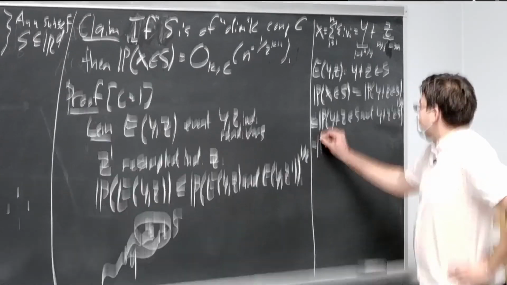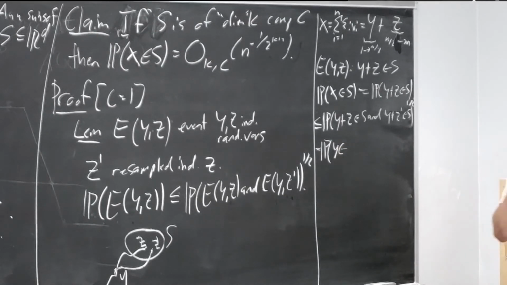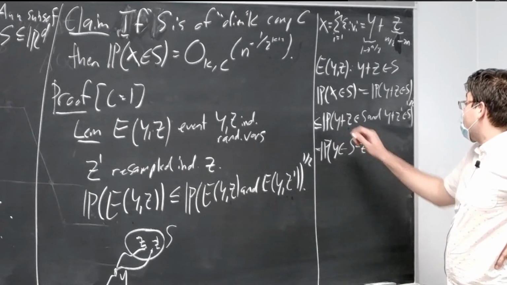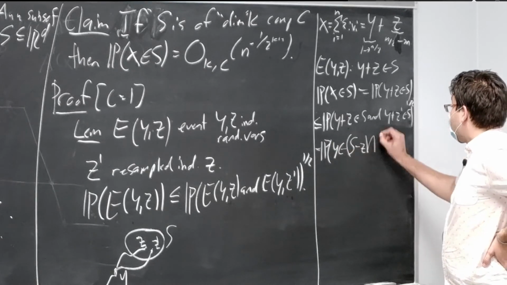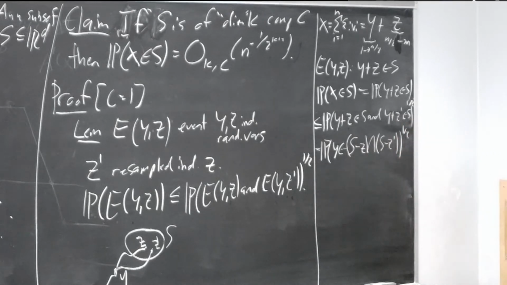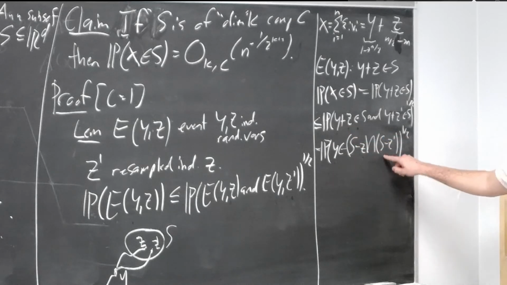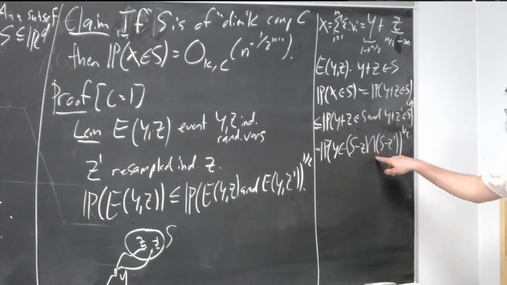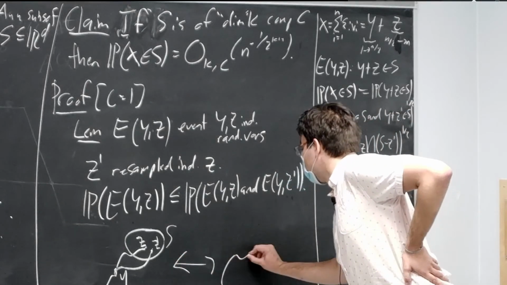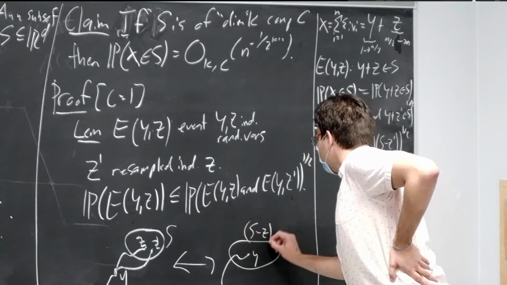This is the same as the probability that y lies inside the following random subset of space: S minus z, intersected with S minus z prime. Y lying in the first set is the same as the first condition, and y lying in the second is the second condition, and intersecting them forces both conditions.